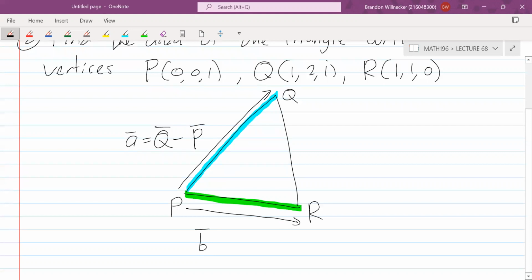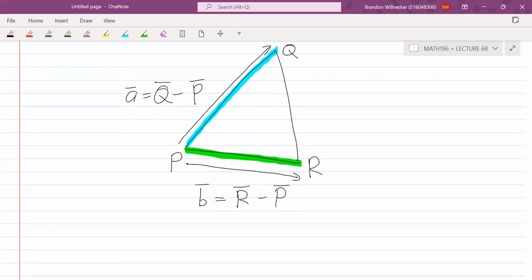Let's call that B. That's going to be the vector going to R minus the vector going to P. Okay, so we've got 2 of the sides. That's all we need. Next, we need to take the cross product between the 2.